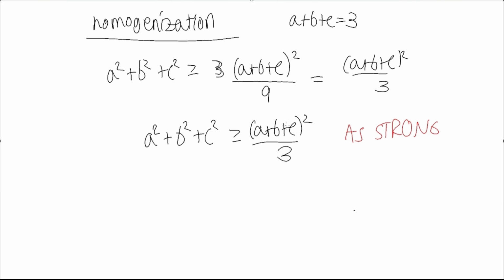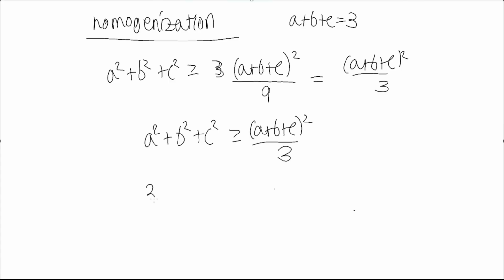And this generalizes to the case where a + b + c is not equal to 3, because scaling up both sides doesn't really change the inequality, since you're multiplying by λ² for a scalar, and then λ² again for a scalar. So therefore, this inequality that we have here is basically what we want to prove.